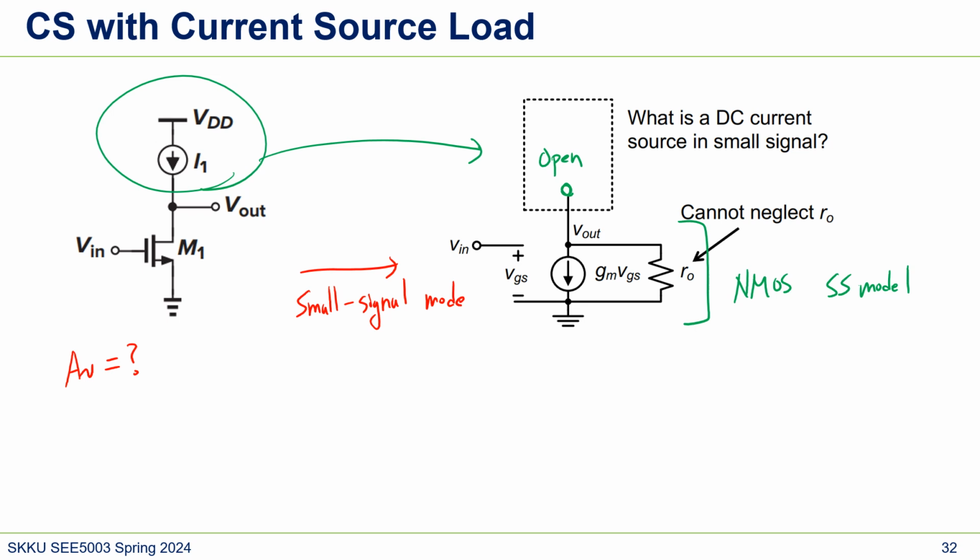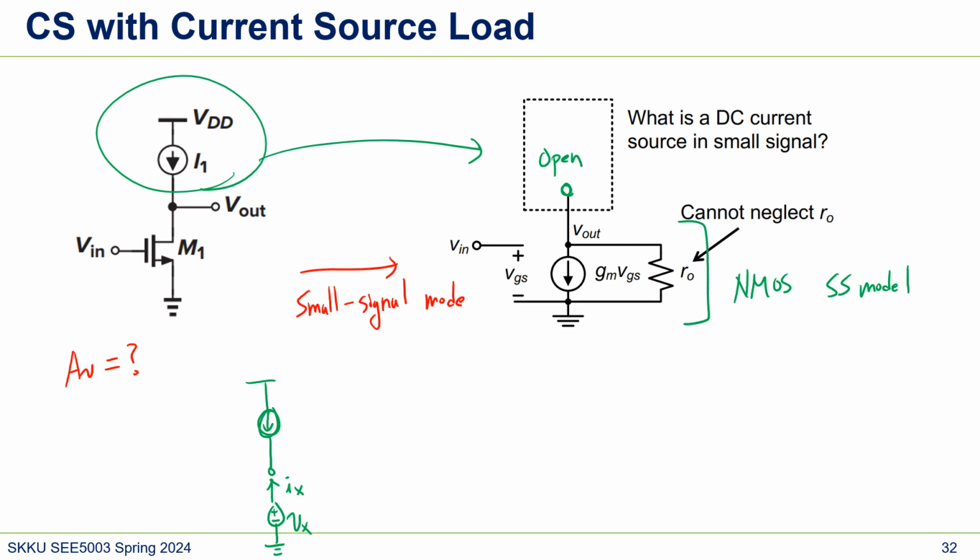Let's see for the current source here, and let's say we want to calculate the small signal resistance, because when we change a circuit to small signal model, we're only focusing on its differential version. We're not considering the DC version, right? Because DC just sets the operating point, and for example, it sets this gM.